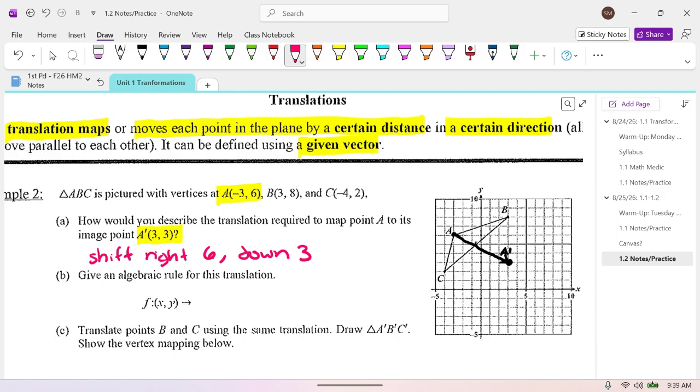Now, what's another way you could describe what you did to find that? What's that similar to? Slope. We shifted right 6, down 3. You could think of it as rise over run. Find the slope of the vector.